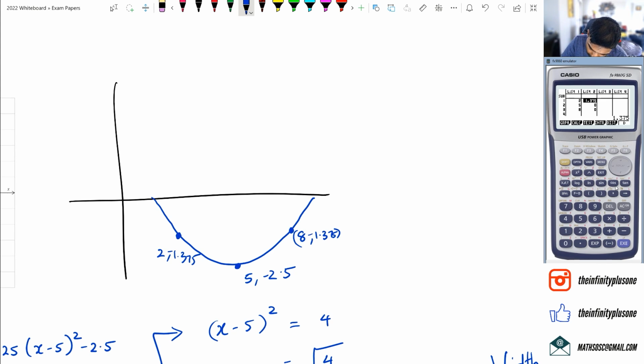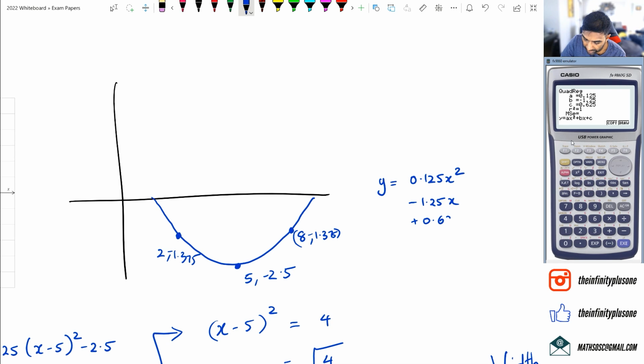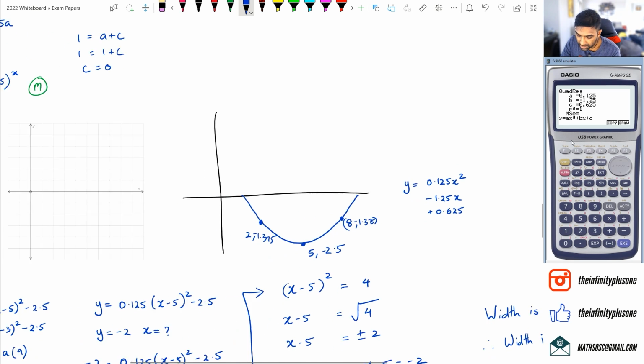It should be minus 1.375, minus 2.5, minus 1.375. So Graph, 1, Calc, x squared, and there we go. I get my equation, which is y is equal to 0.125x squared minus 1.25x plus 0.625. So that's the equation.